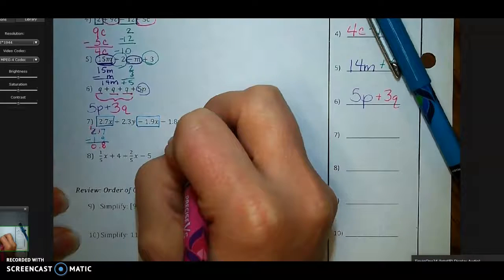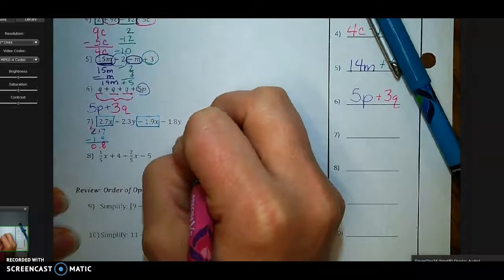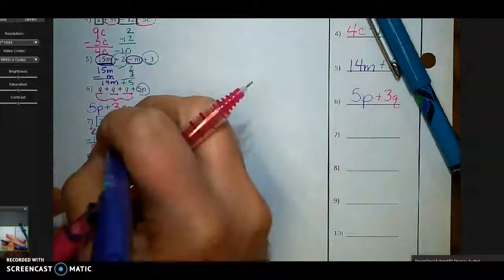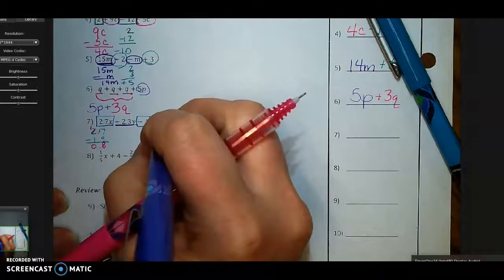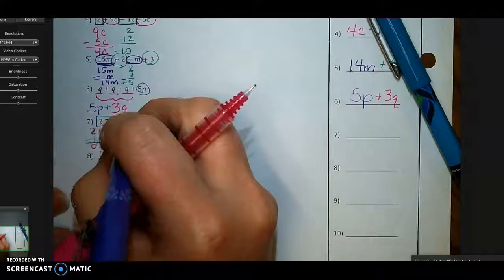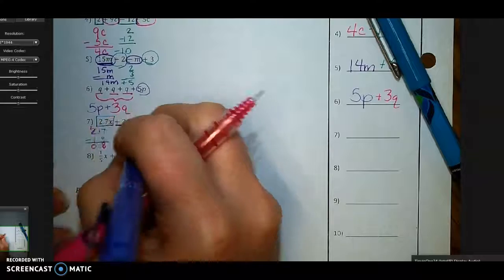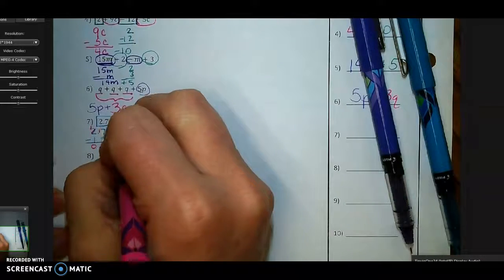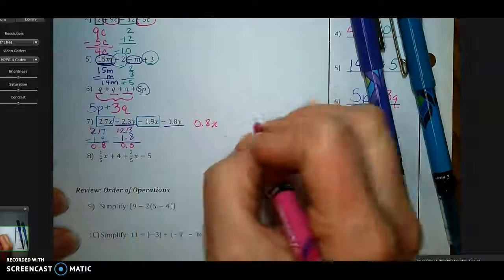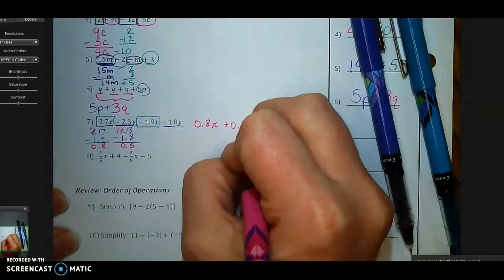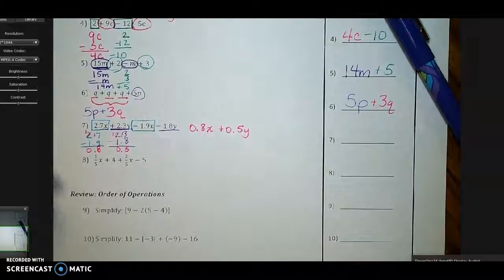So I have 0.8x. And then my y's, I have a positive 2.3 and a negative 1.8. Line up those decimals. Borrow. And I'm going to get a positive 5/10, otherwise known as 1/2 y.